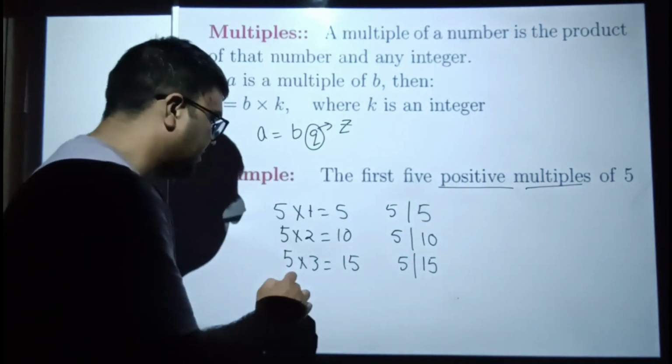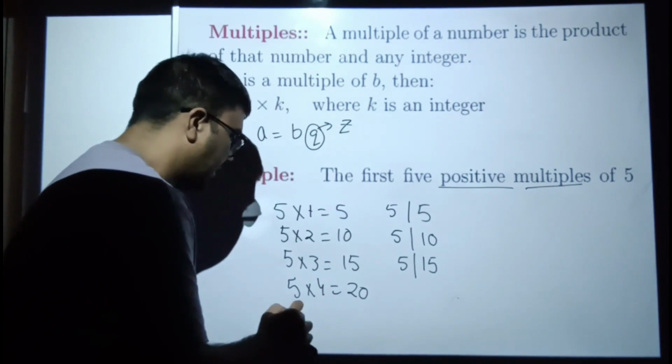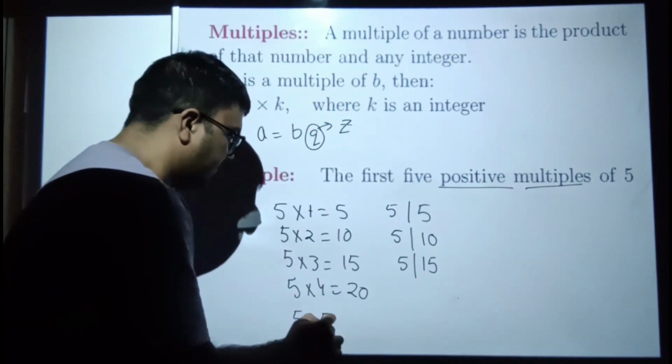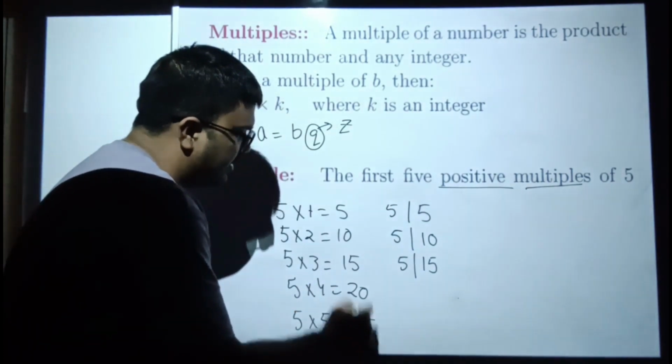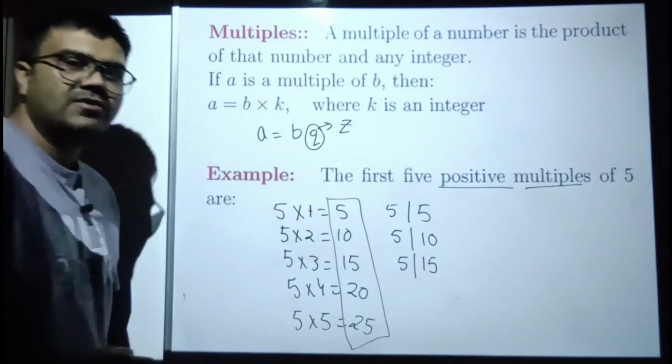This is the next multiple. 5 into 3 is 15, and 5 divides 15. 5 into 4 is 20, and 5 into 5 is 25. So these are the first 5 positive multiples of 5.